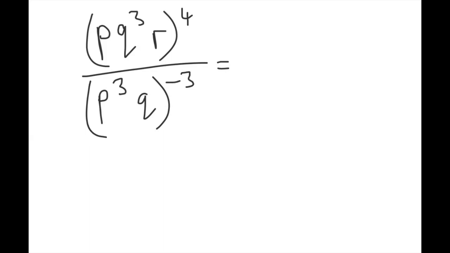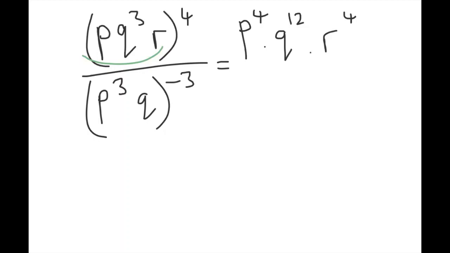I'm going to take everything inside of this bracket, and I'm going to multiply that by the 4, so that we can just look at the sum properly. So I'm going to take P to the power 4, and I'm going to take Q to the 3 times 4, so that's going to become Q to the 12, and then R is going to become R to the 4.